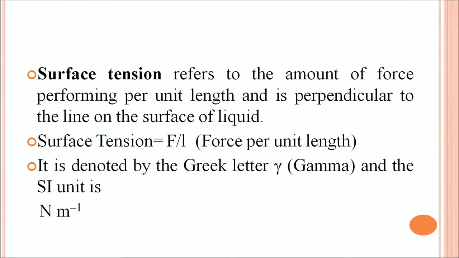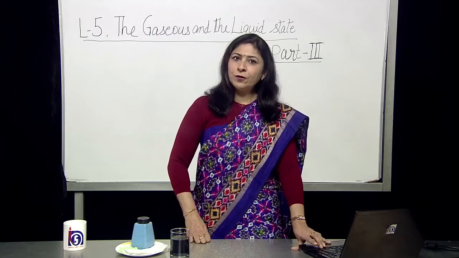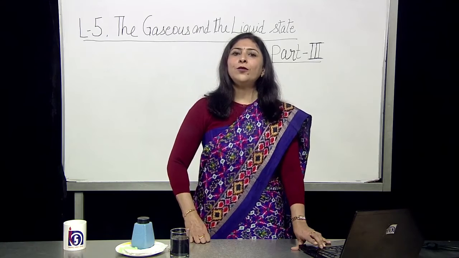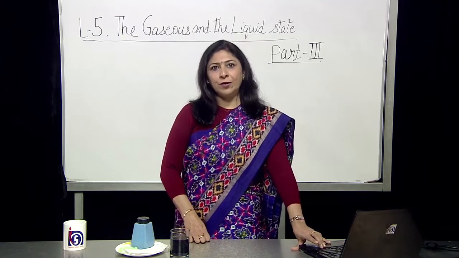It refers to the amount of force acting per unit length, perpendicular to a line on the surface of the liquid. So, the surface tension formula is F upon L, or force per unit length, and it is denoted by the Greek letter gamma. The unit is Newton per meter. As you know, the force unit is Newton and the length unit is meter. So, we can say the unit is Newton per meter.